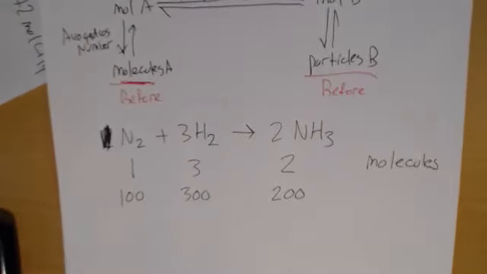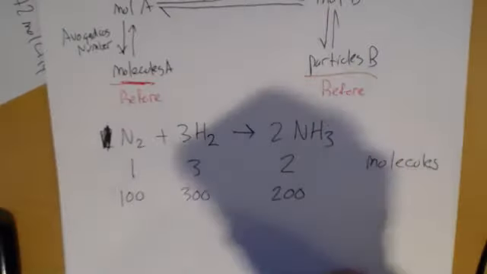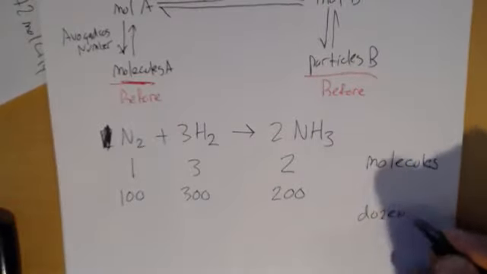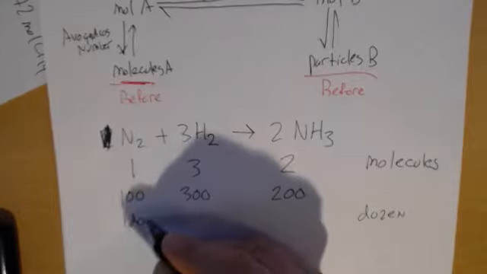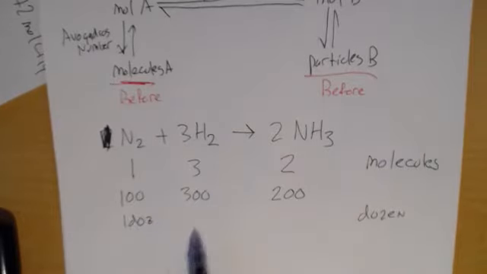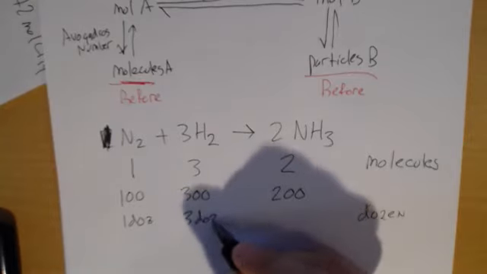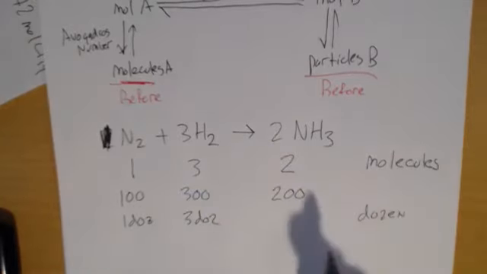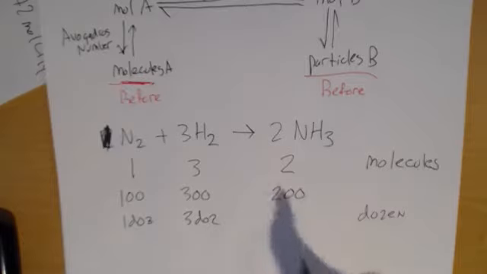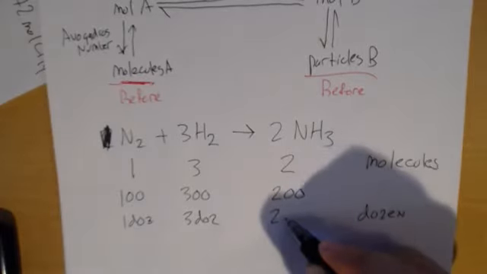What if we use dozens? I'm going to use a bulk number. 1 dozen nitrogen. How many hydrogen will react? I would say 3 dozen. How many ammonia will form? I would say 2 dozen.